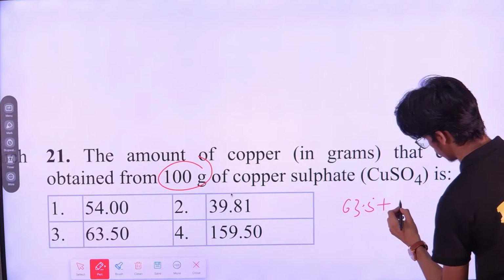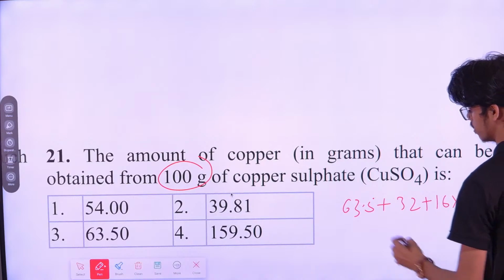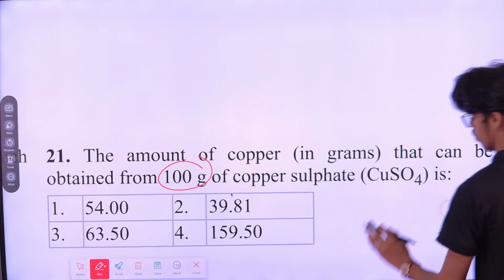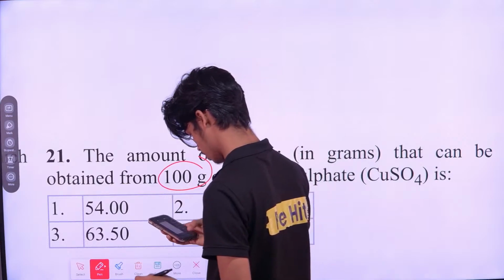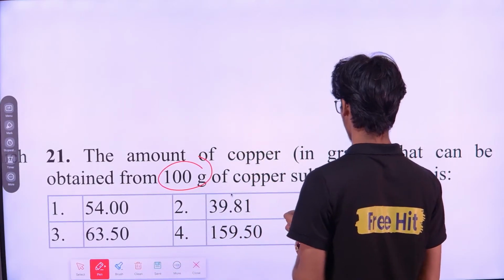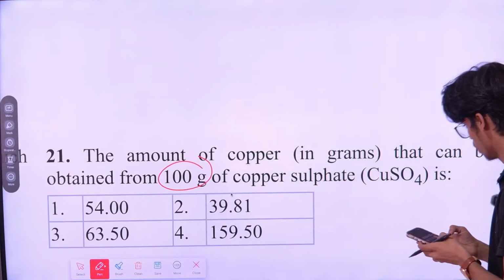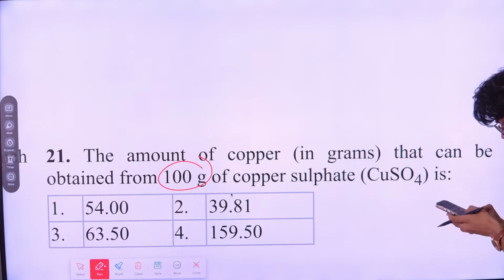63.5 plus the mass of sulfur 32 plus 16 cross 4. This is the total mass. So, what is the total mass? I will just calculate it. Look, I am using a calculator, but you are not allowed to use a calculator in the exam. 63.5 plus 32 is the mass of sulfur plus 16 times 4 is 64.